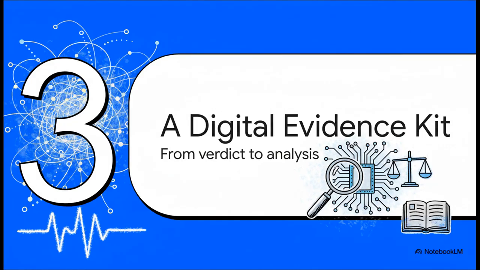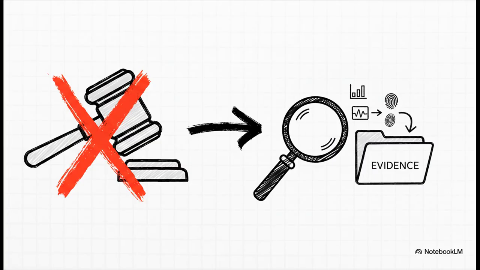So what is this structural method, really? Well, think of it less like a magic 8-ball that just gives you an answer, and more like a digital evidence kit, like the one a crime scene investigator would use. And that's the big philosophical shift here. It's moving from just delivering a verdict to carefully gathering evidence. This system doesn't play judge and jury. Its entire job is to meticulously collect and present all the digital clues so that a human expert can interpret them.